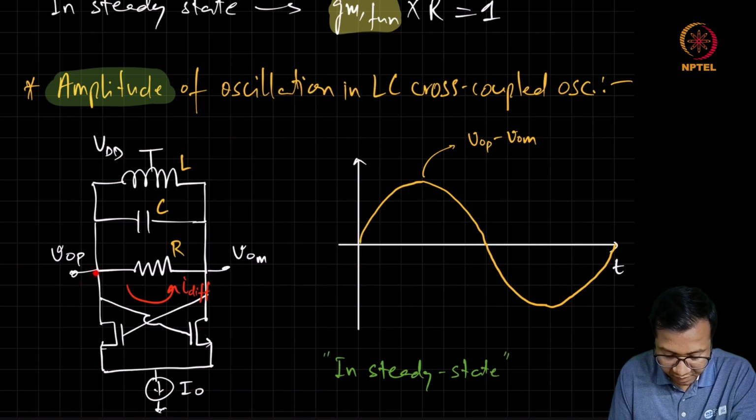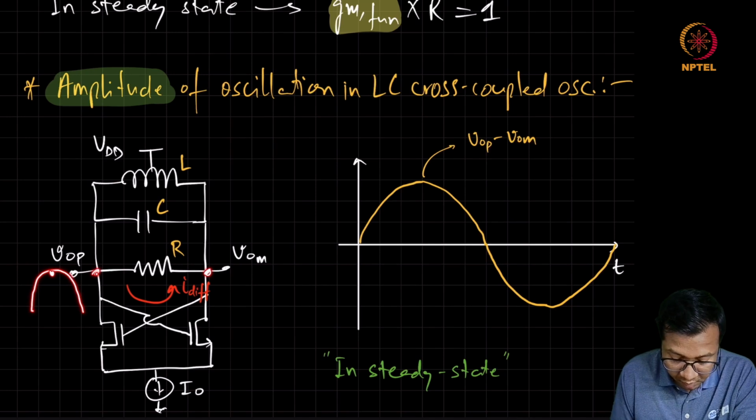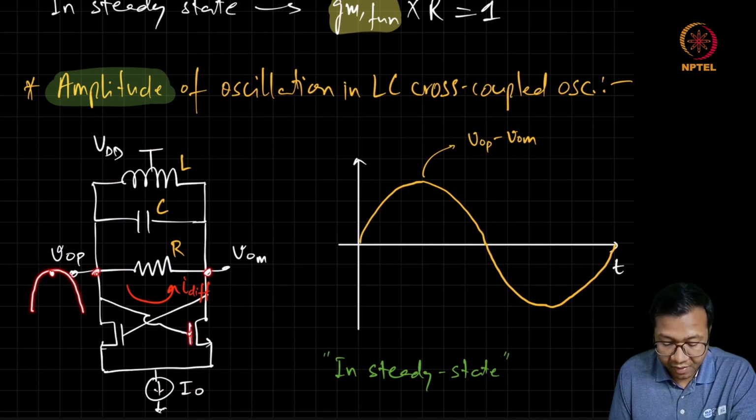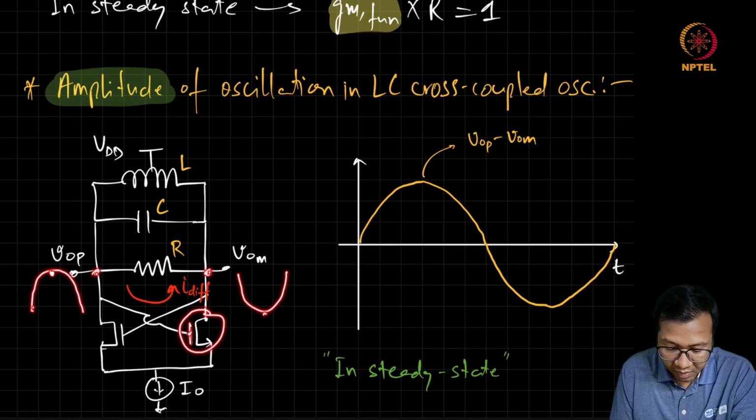Here we are assuming that the swings at the output nodes are high enough that when the voltage is going up, it causes the gate voltage to increase, and at the same time the drain voltage of the same MOSFET is going down. So the net result is that the current passing through a transistor will stop increasing after some time, even though the output voltage may be increasing.